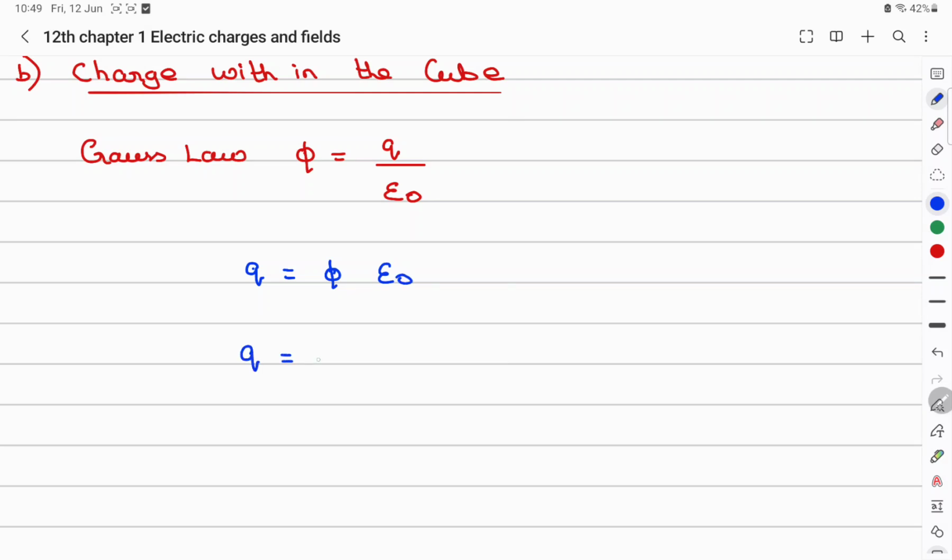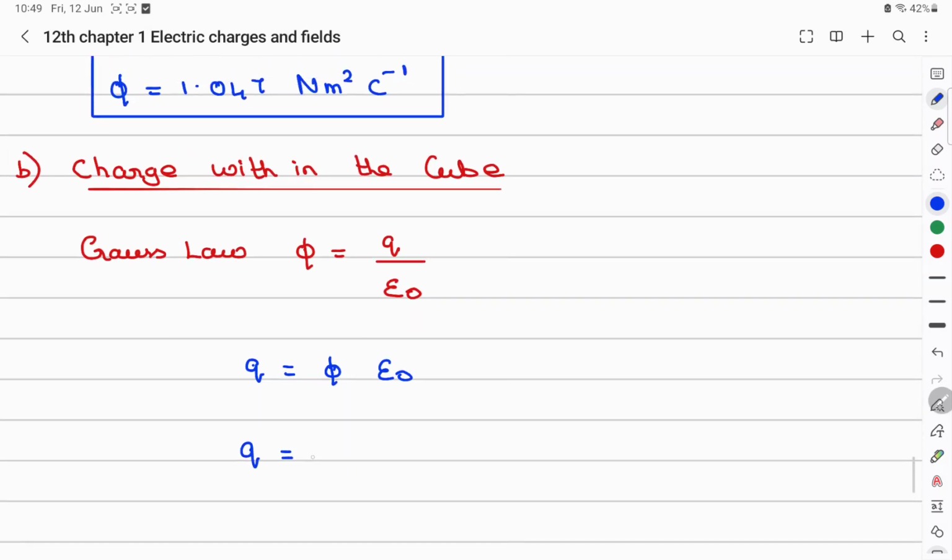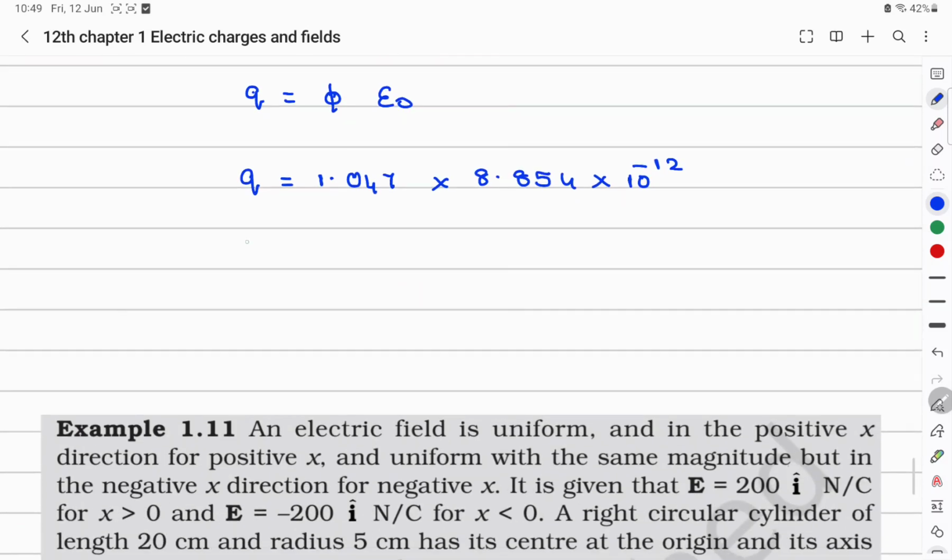So q is equal to the net flux we have found, 1.047, into the epsilon naught value 8.854 into 10 to the power of minus 12. After calculating this value, we get the charge Q is equal to 9.27 into 10 to the power of minus 12 coulomb.